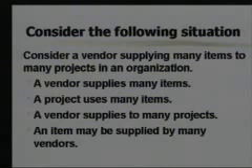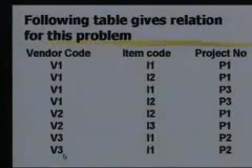Once again, in this particular case, since they are independent of each other, they will not be in any sense controlled by each other. Therefore, joining these, the key will consist of vendor code, item code, as well as project code. So the composite of these three things will be the key. There is no functional dependence, so the relation is in BCNF.